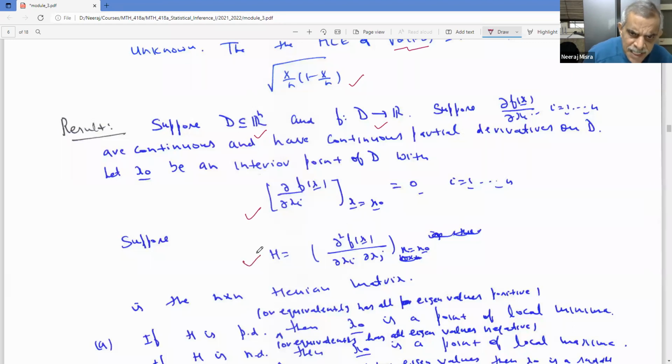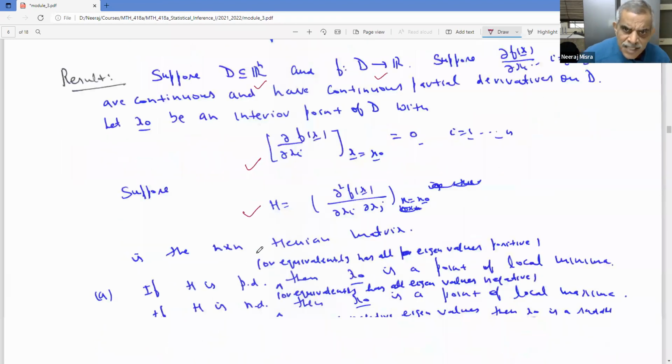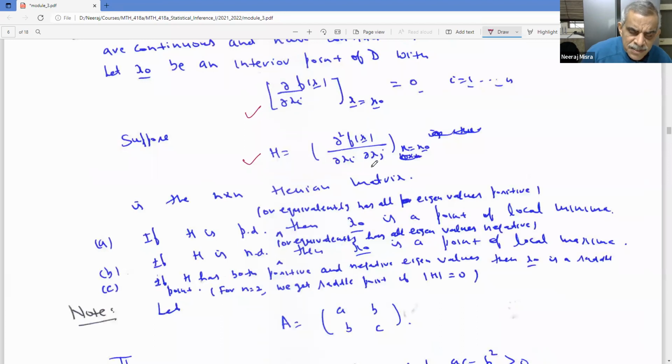Now consider the Hessian matrix, which is a matrix of second partial derivatives, because for finding the MLE you will have to look at the Hessian matrix of the likelihood function. Through the behavior of this Hessian matrix, you can determine whether this critical point x0 is a local maximum or a local minimum.